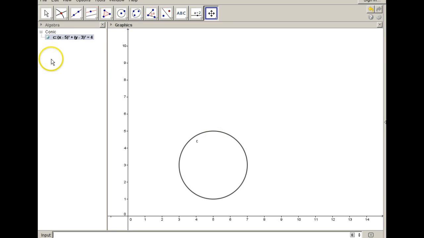And look, here I have the same thing. There's my circle, which has a radius of 2 squared, which came out to 4, but the radius would be 2 here, right? And it has a center at 5, 3. The center's right there. So you can see that that formula works for the equation of a circle.